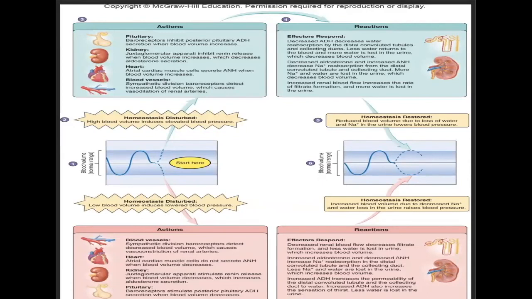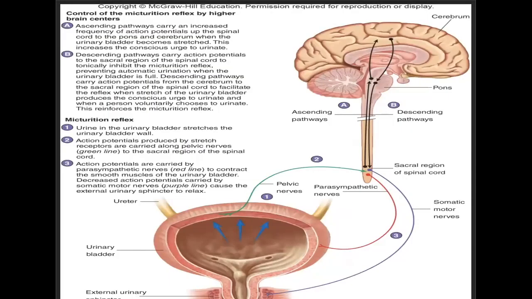This part, please read this one on your book, read them properly. And we have here, this is the micturition reflex. Micturition is urination activated by the stretch of the urinary wall. Now, the action potentials are conducted from bladder to spinal cord through your pelvic nerves.